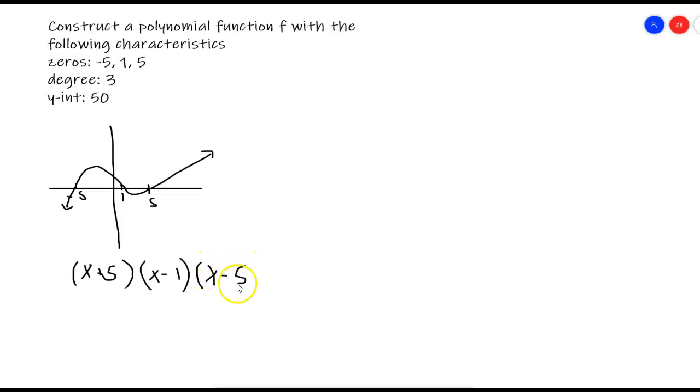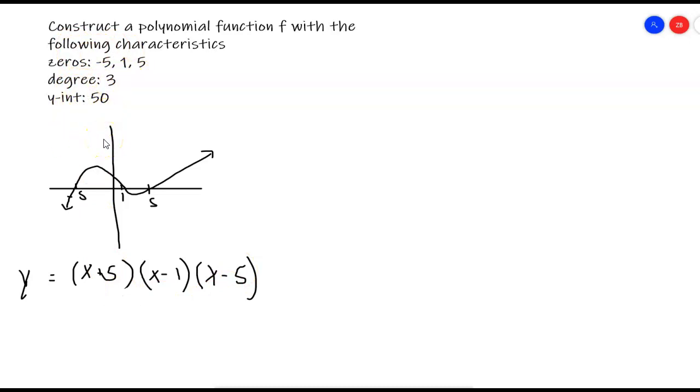If I set up a function like this, y is equal to this function, this means that we're going to have a 0 at these 3 values, at -5, +1, and +5.